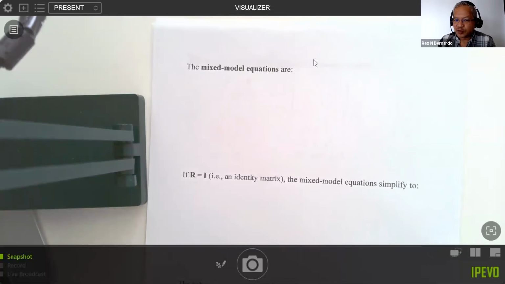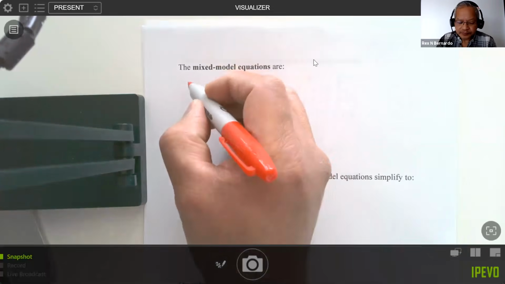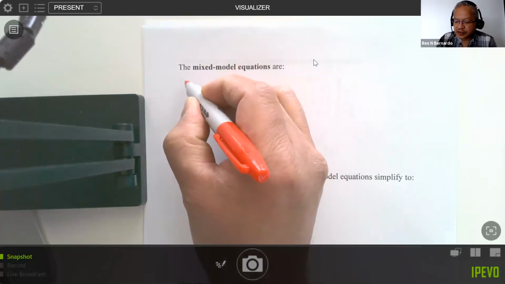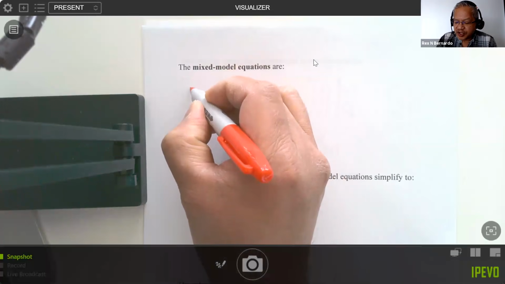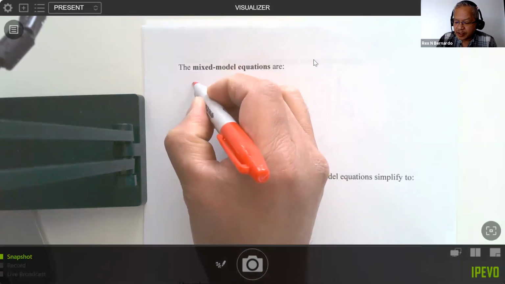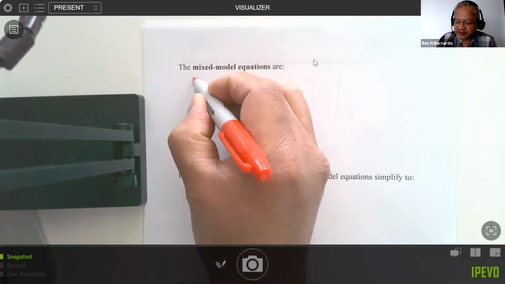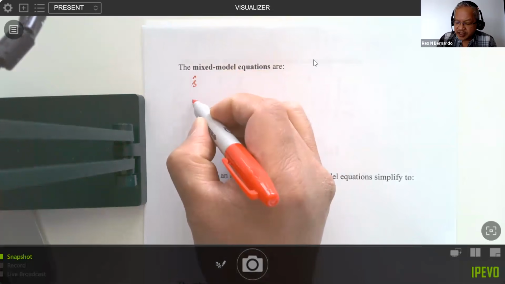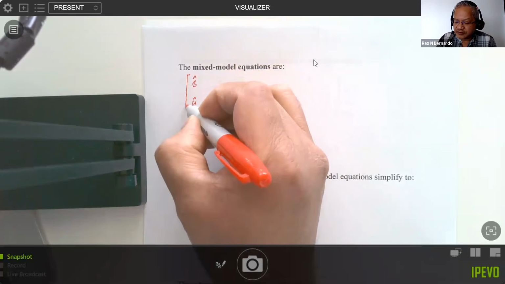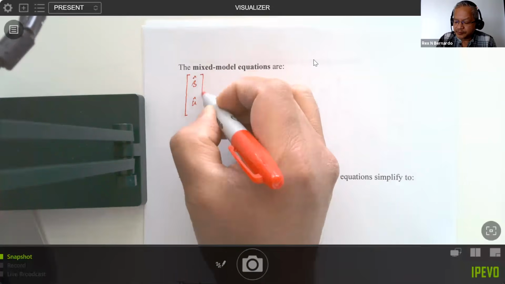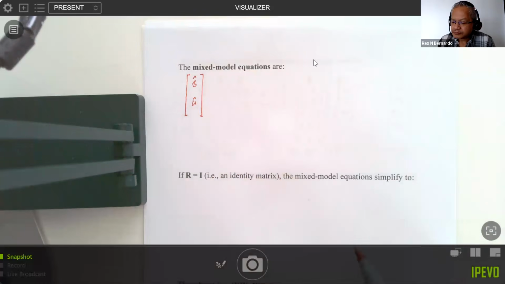So the mixed model equations are as follows. You have your solution vector, which has 2 components. It would have the estimates of my fixed effects, and it would have my predictions of the random effects. That would be my solution vector.